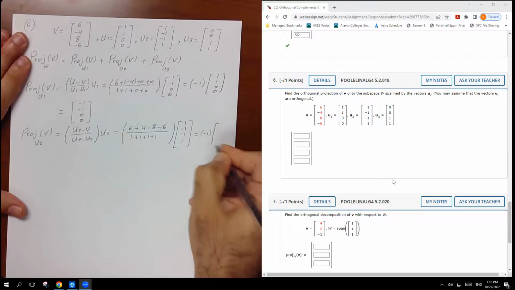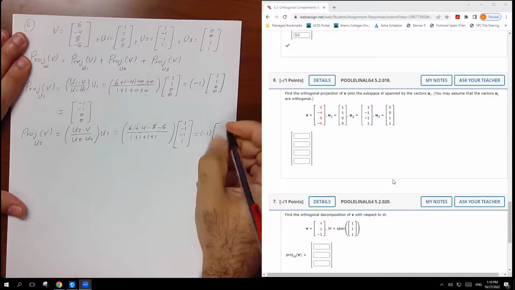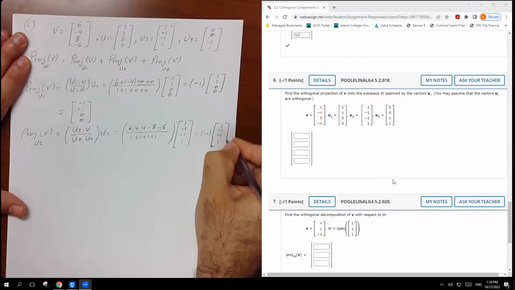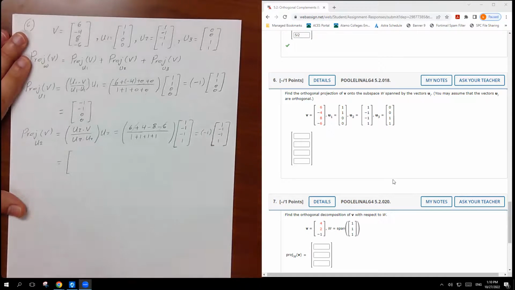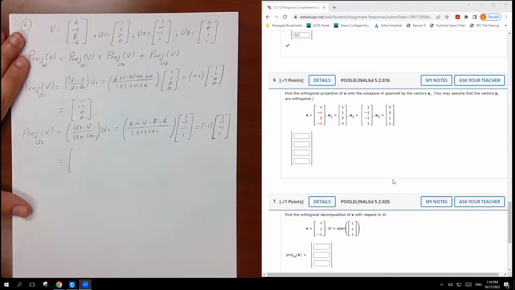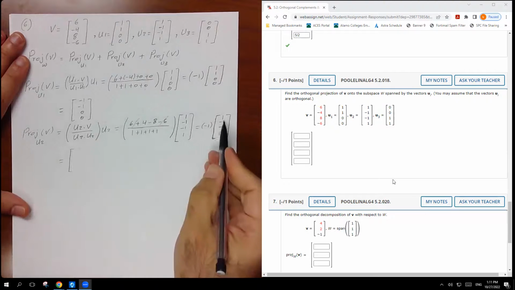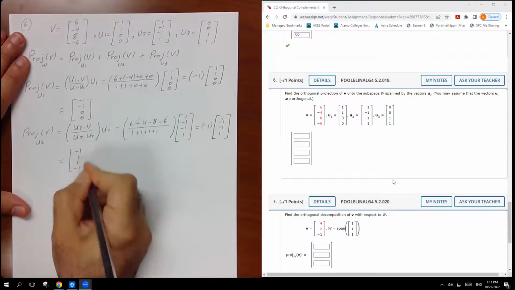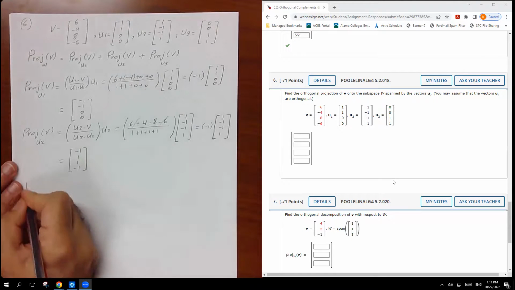So -1 times 1, -1, -1, 1. And the result is going to be, we're just going to change the sign. So it's going to be -1, 1, 1, -1.